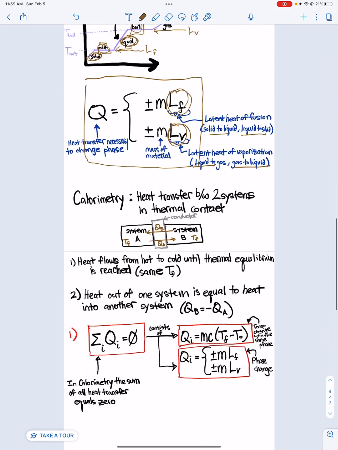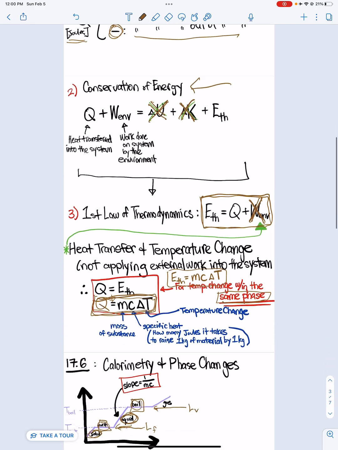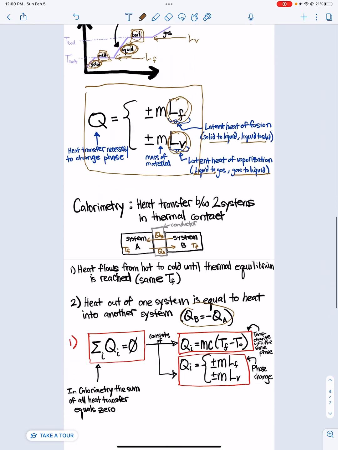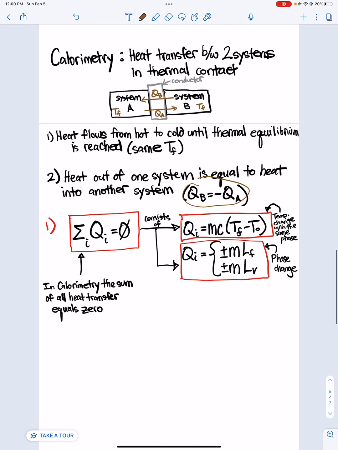Using the same example of ice and liquid water, whatever heat the liquid water gives to the ice is equal to the heat going into the ice from the liquid water. So Q_B equals negative Q_A. And in calorimetry, the sum of all heat transfer equals 0. That's this formula right here.